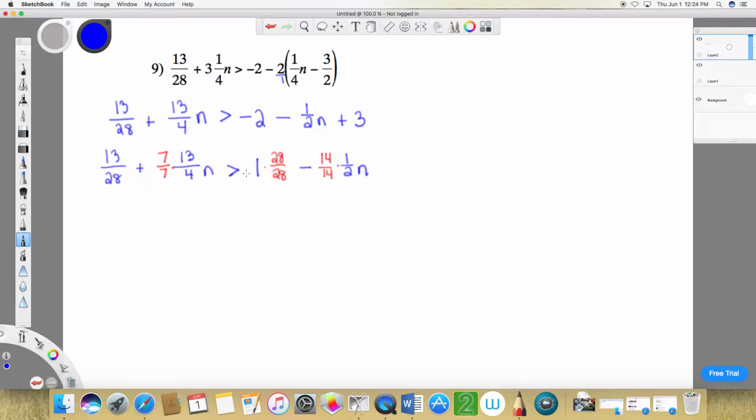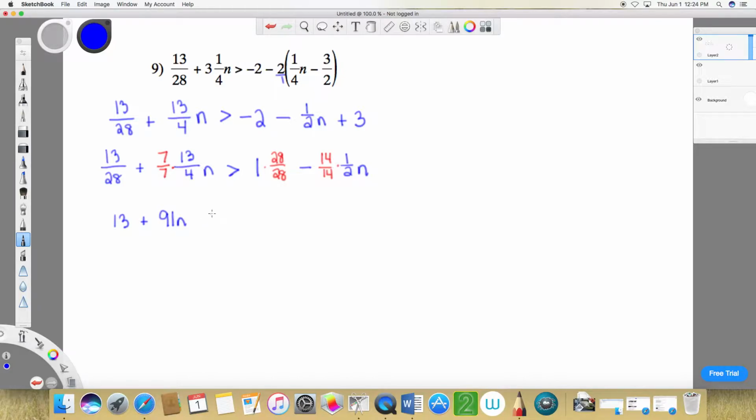So if I were to multiply this inequality on both sides by a positive 28, all these denominators would cancel. The arrow would still be in the same direction because I'm multiplying by a positive 28, and all I'd have left is the numerator. So I would have 13 plus, well, 7 times 13, I think is 91.